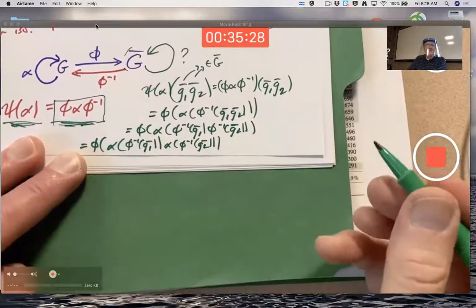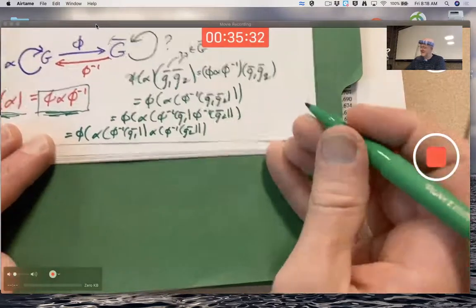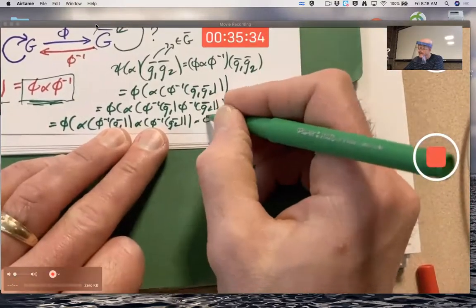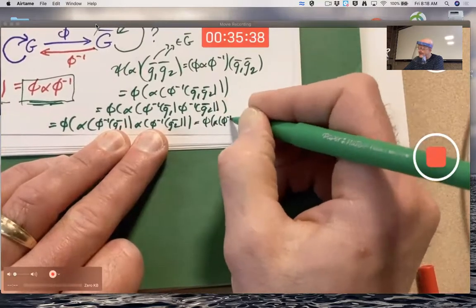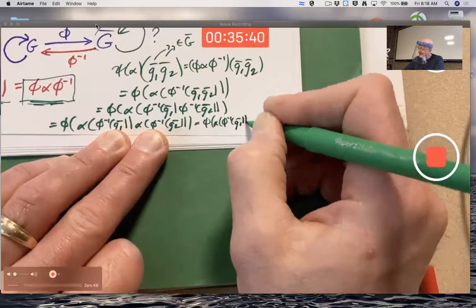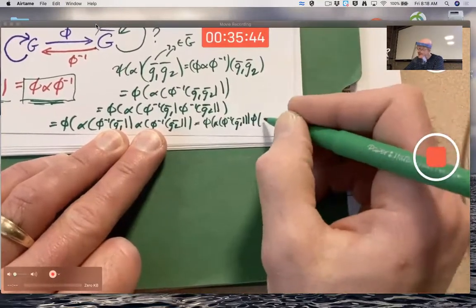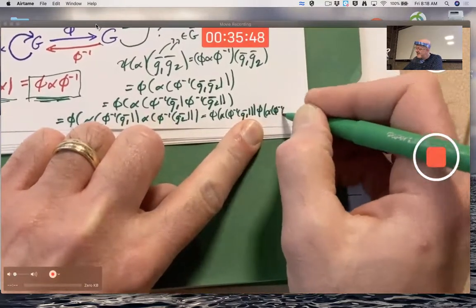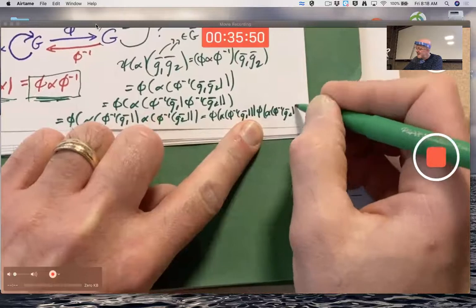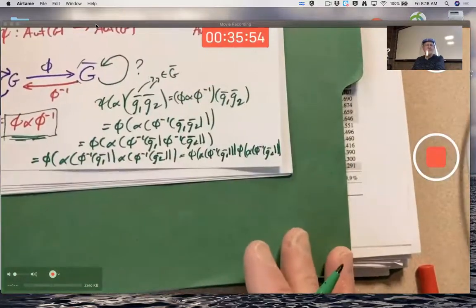Finally, use the fact that phi is operation preserving. Running out of room. Can I do it? Wow. Am I done? Yeah.